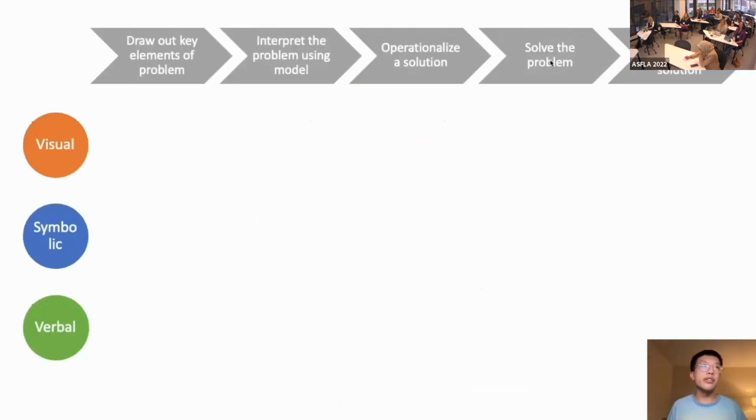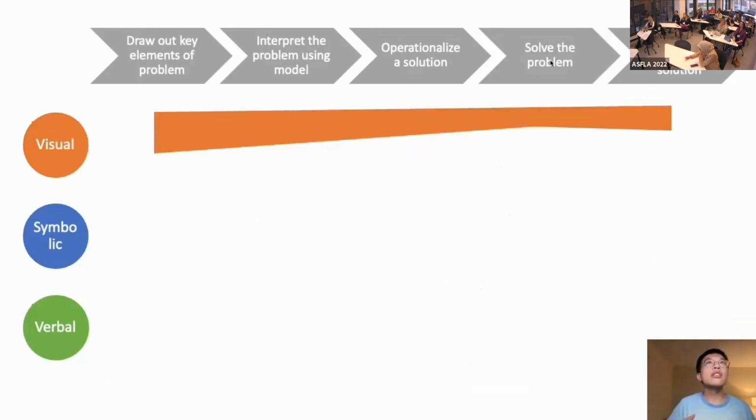Across the 5 stages, the usage of visual, symbolic, and verbal modes can vary. Students go over the 5 stages, from drawing the key elements to using the model to operationalize the solution, finally solving the problem via math, then checking and interpreting the solution.